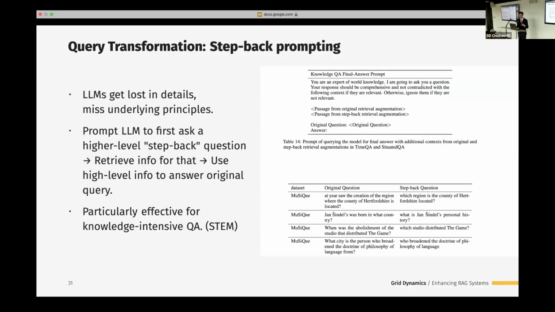When the user gives a question, you use the original question to ask for high-level information about it. So you try to get all the understanding from that question before you answer it. It's very effective in QA systems. You can see in the slide an example of a system prompt, how it looks, and also some examples of an original question and the step-back question it generates.